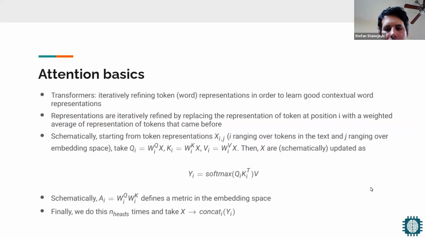It basically defines a sort of metric in the embedding space. And what we're doing here is we will be taking various low rank approximations of this metric.